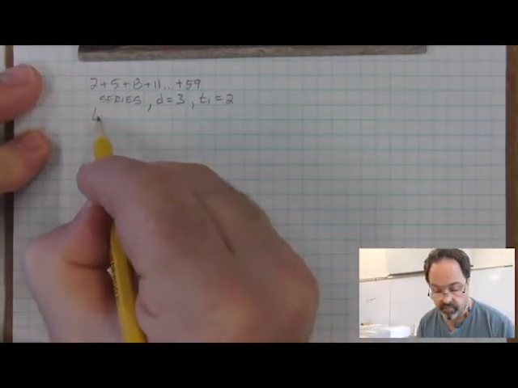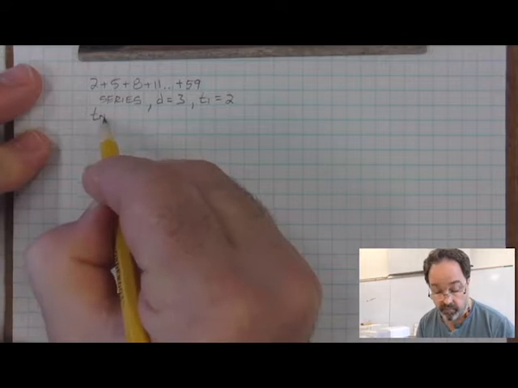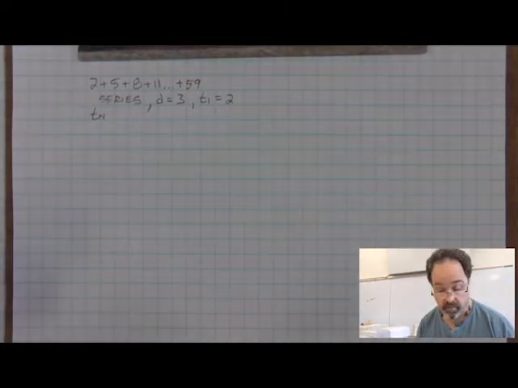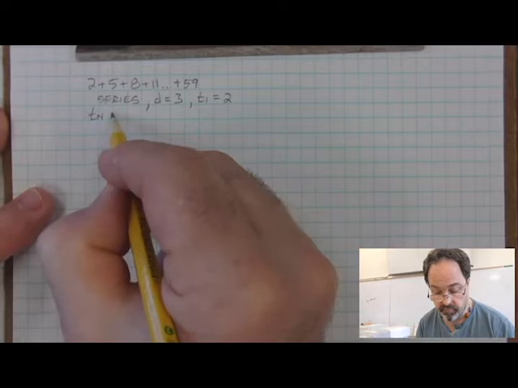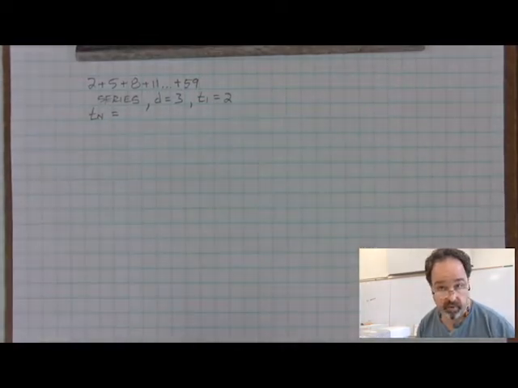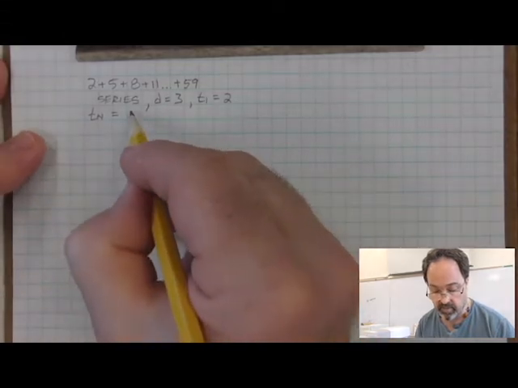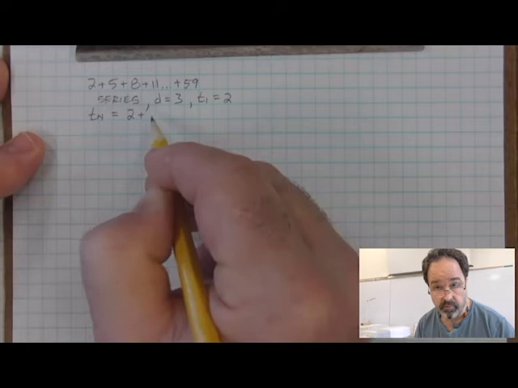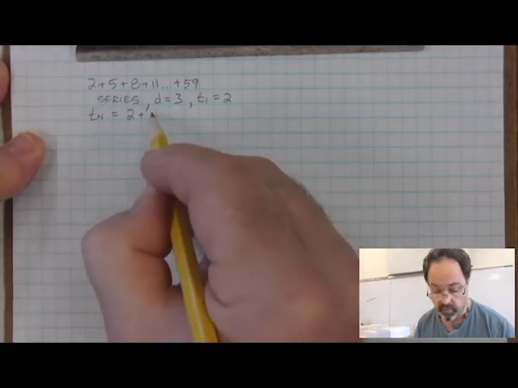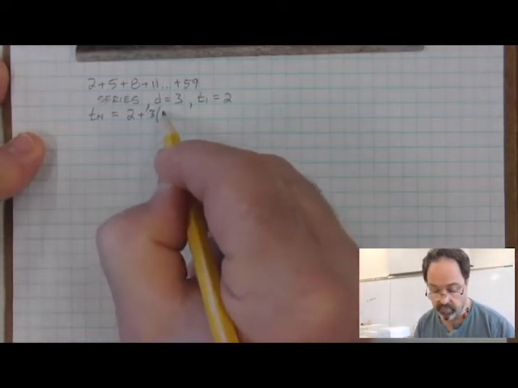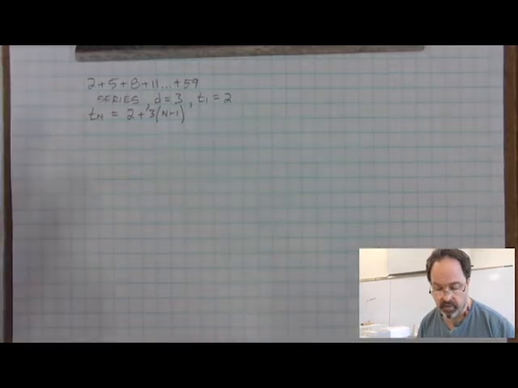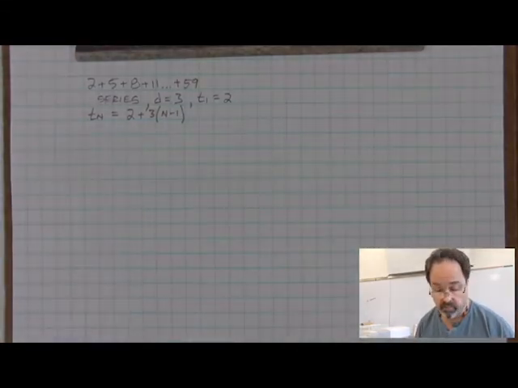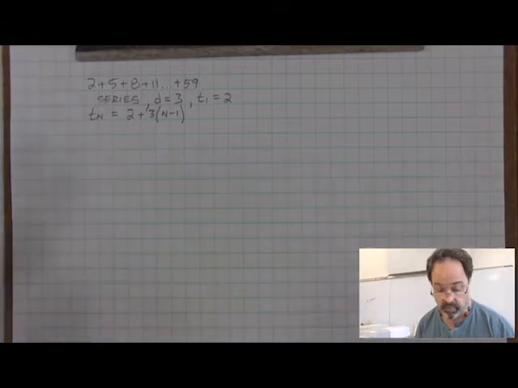And we have a symbol to stand for the value of the nth term, T sub n. We can find an equation or a formula to find the values of any position number n. And in this case, that is the value of the initial term 2 plus multiples of the constant difference, or 3 times n minus 1. We subtract 1 from n because we don't add the constant difference to the initial term.